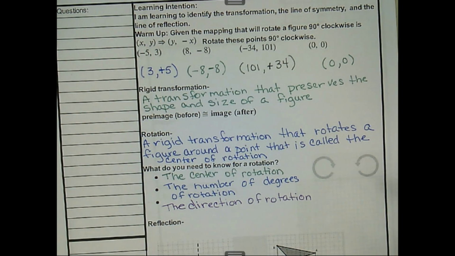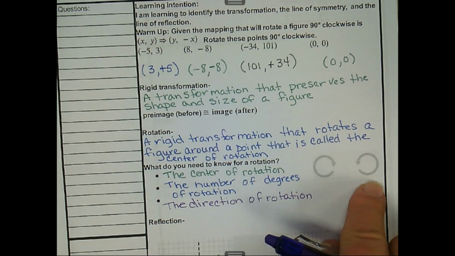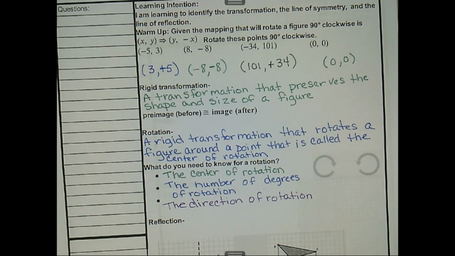Okay, so we had these two figures yesterday in our notes, and we marked them then. If you still need to mark them, this would be clockwise, counterclockwise. Think of the face on an analog clock. Which way does that red hand go?